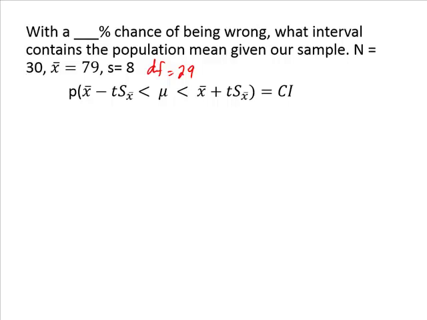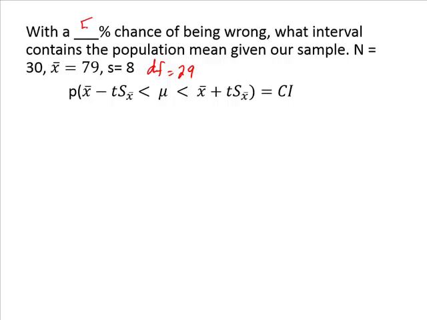Now, what kind of confidence interval do we want to build? So, how sure of a guess do we want to have when we guess at what the population mean is? 5%. Okay. So with a 5% chance of being wrong.